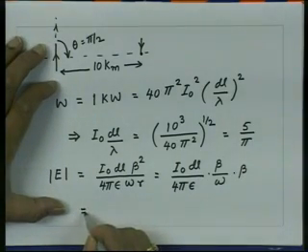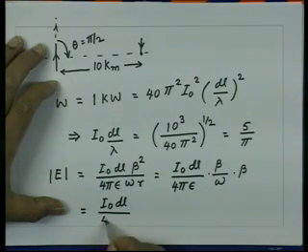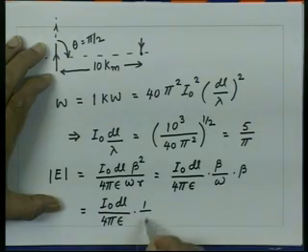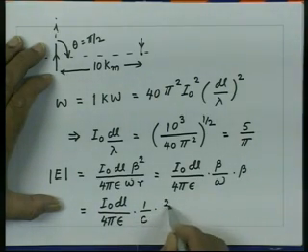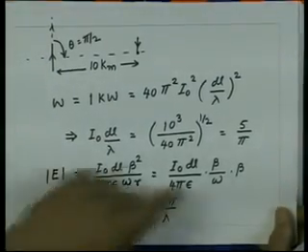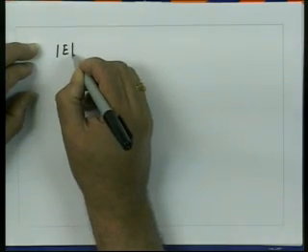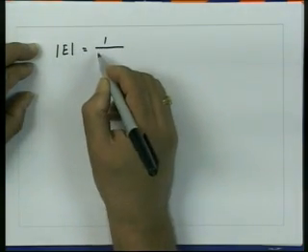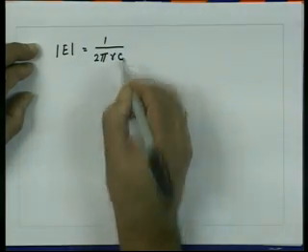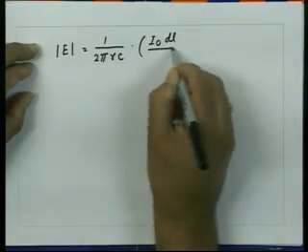So, we get this equal to I0 dl upon 4 pi epsilon, 1 upon velocity of light multiplied by 2 pi by lambda for beta. So, substituting now for this, we get mod of electric field equal to 1 upon 2 pi r into c into I0 dl upon lambda.